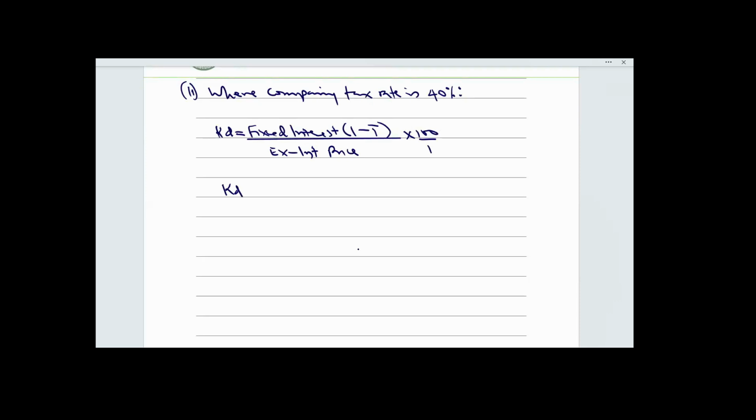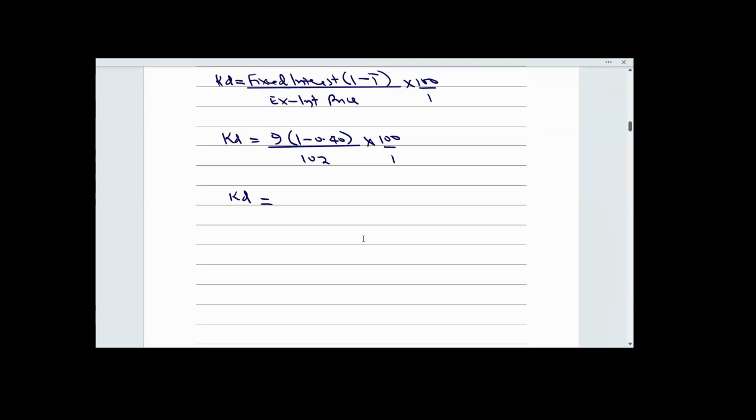So KD will then be equal to interest is 9%, which is 9, multiplied by 1 minus tax rate of 0.40, divided by market price of the debenture, which is 102 naira, all multiplied by 100 over 1. So our KD will then be equal to 9 multiplied by 0.6.